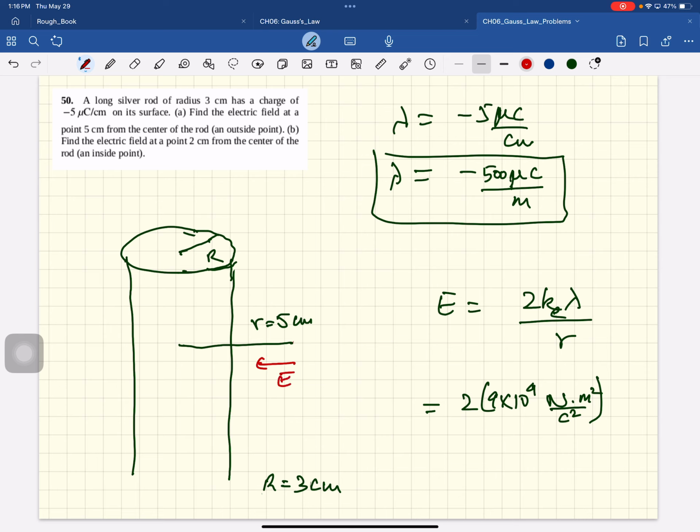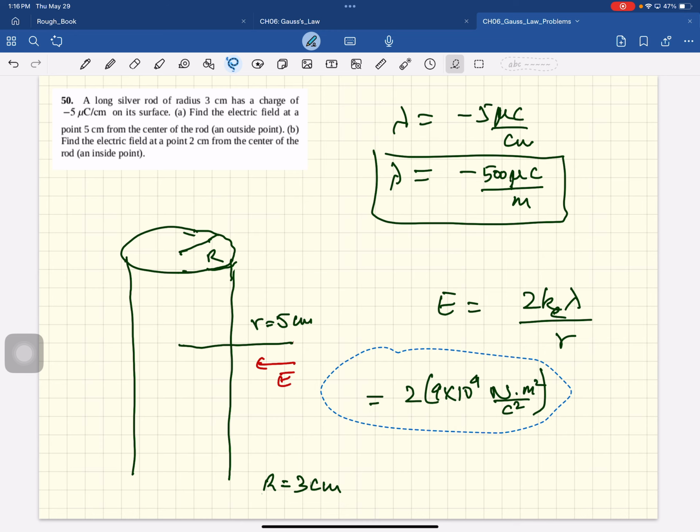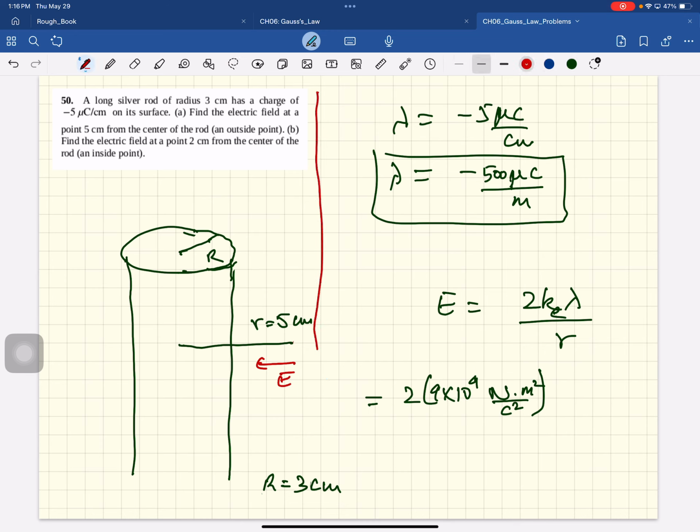And I'm just calculating the magnitude of the electric field, 500 microcoulombs per meter, and divided by R, 5 centimeters.